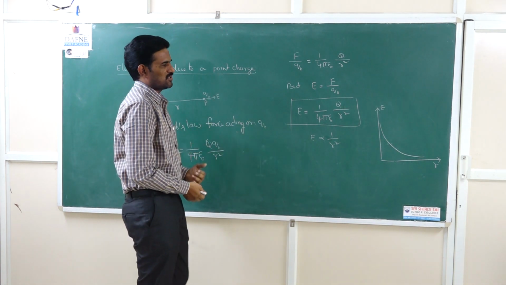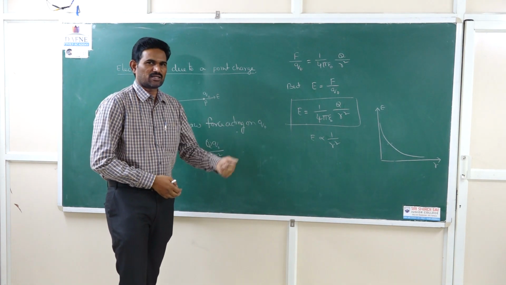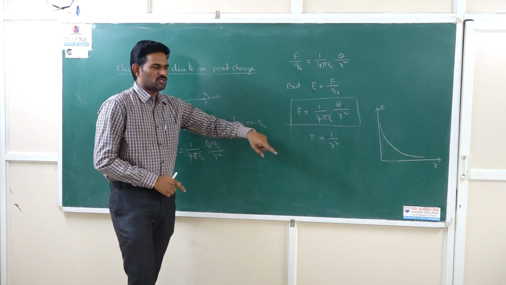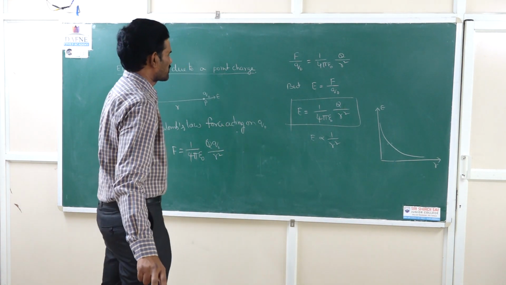This is the expression for electric field strength in air or vacuum. As we discussed in Coulomb's law, if the charge is present in any dielectric medium, then instead of epsilon naught we need to write epsilon.